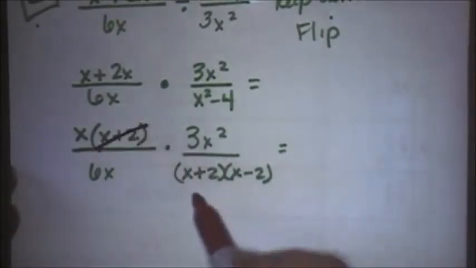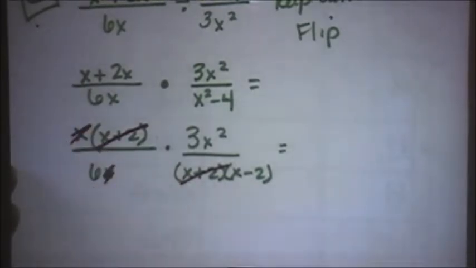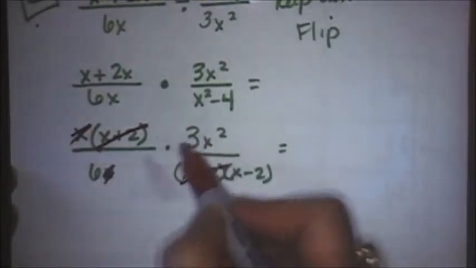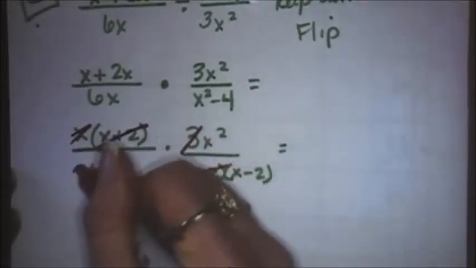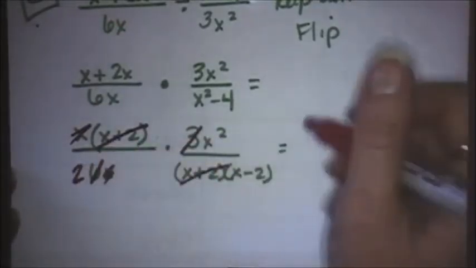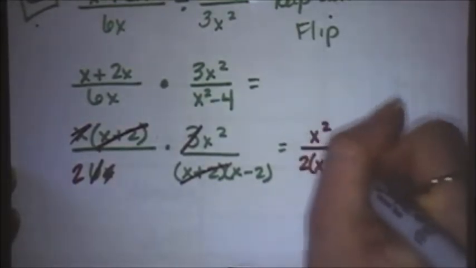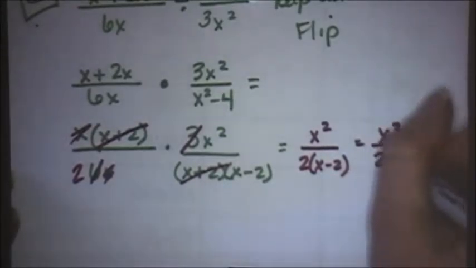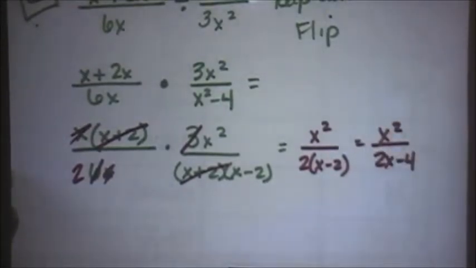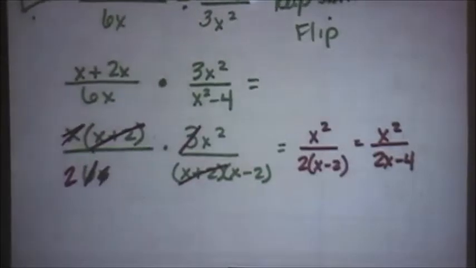So my x plus 2's cancel. I have an x here that'll cancel with this x. And then 3 and 6, well, that would be 1/2, so I'll do that as well. So it looks like I have an x squared on top and a 2 times x minus 2 on bottom. I could distribute out that 2 if I like to 2x minus 4. And that's it. So when you keep, switch, flip, you end up with just another multiplication problem.